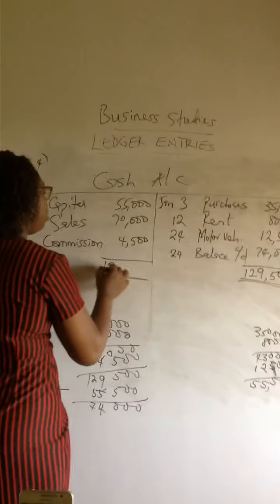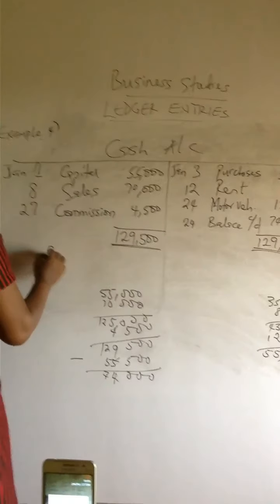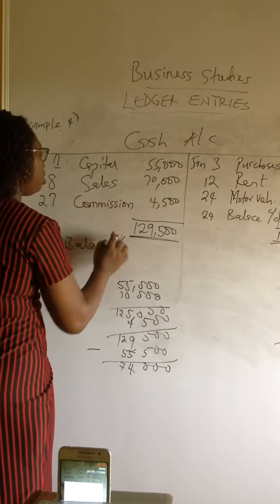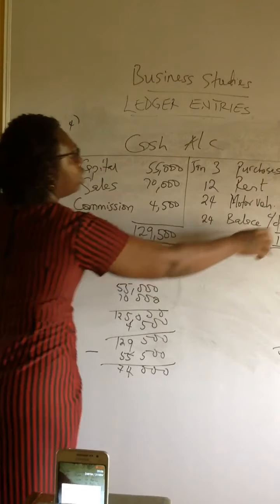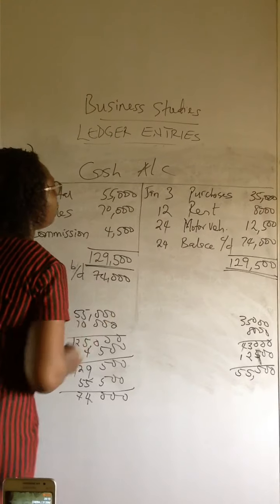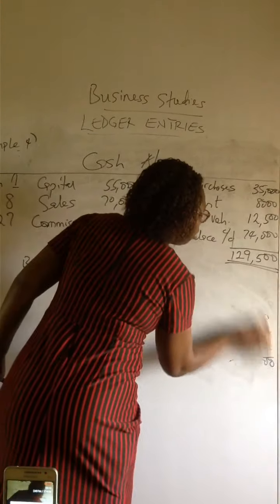The same thing here. You bring this balance this way again. You have balance brought down. And you bring this balance down, which is 74,000 naira. That is for the first ledger, which is the cash account.